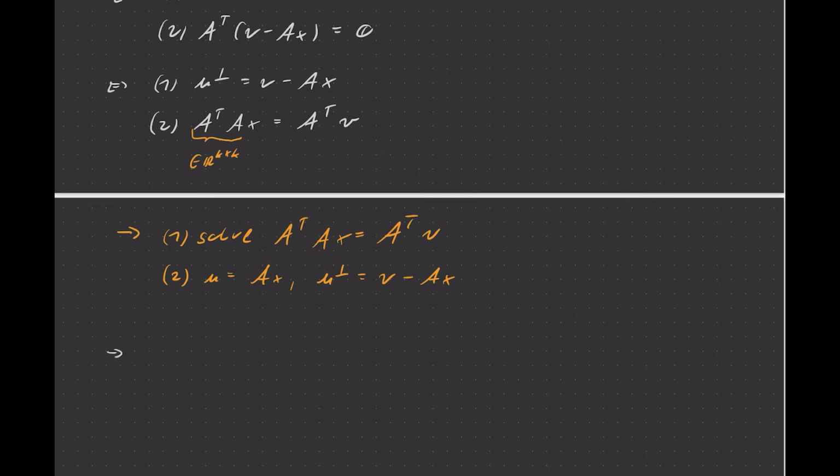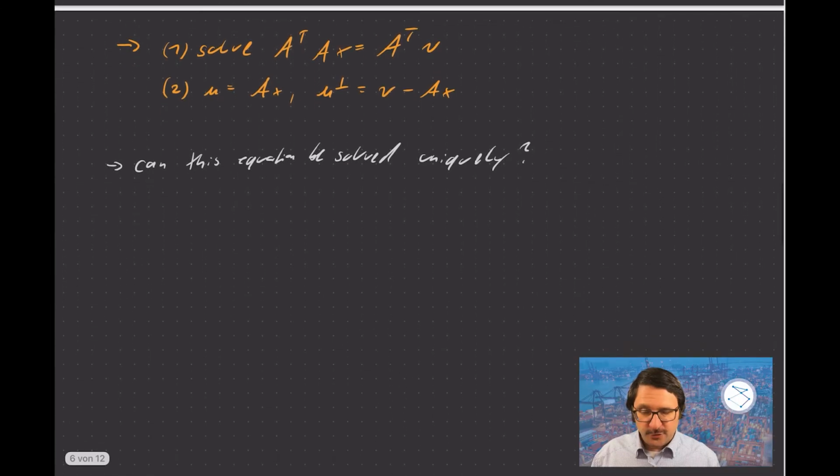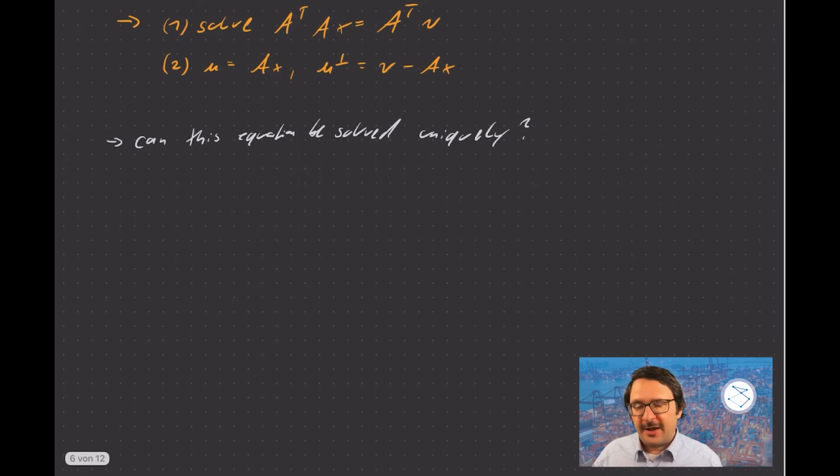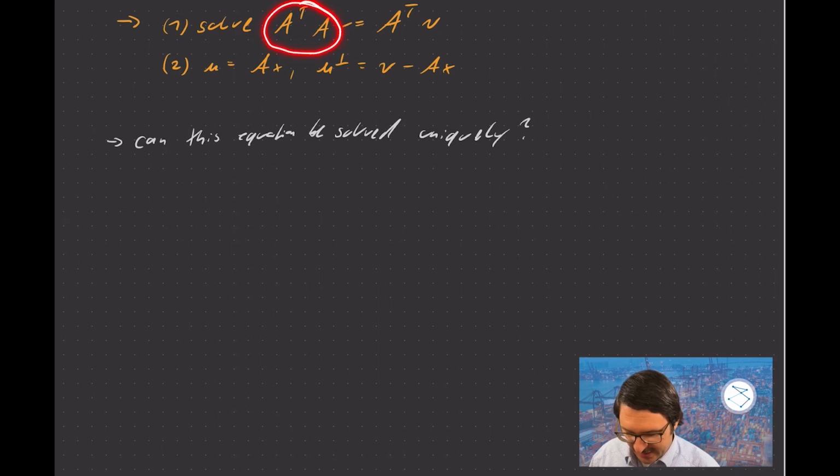So the remaining question is, can this equation be solved? And is that solution unique? To prove that this is the case, we have to prove that the rank of this matrix here, A transpose A, is k.